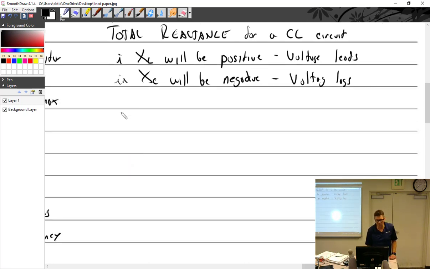Let me see. So the formula that I would write down on this paper is X total. X total equals X of L, which is positive. This is terrible. This is the way the book does it. Minus, plus a negative X of C, which we could also do X of L, X total.